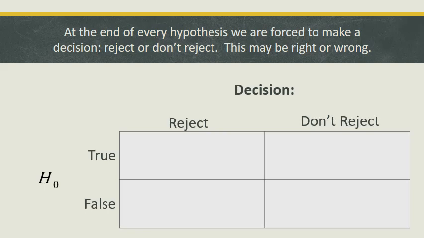Two of the outcomes represent correct decisions. If the null hypothesis is actually true, then not rejecting it would be the correct decision, and if the null hypothesis is actually false, then rejecting it would be the correct decision. But the other two outcomes represent mistakes, and they have their own names.